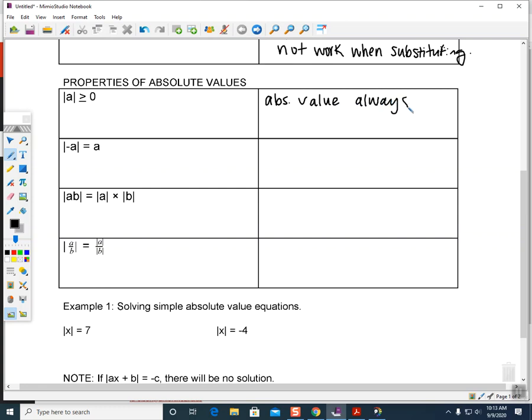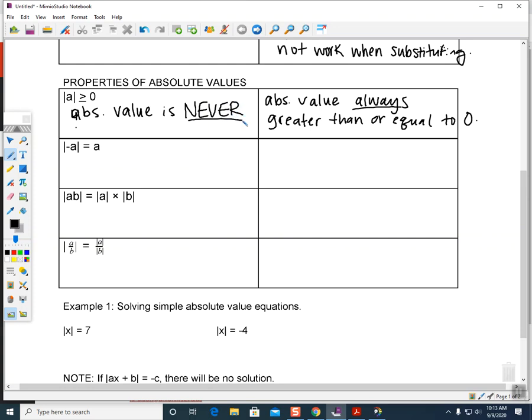Conversely, what this also means is that absolute value is never negative. Absolute value is never negative. Ever, ever, ever.